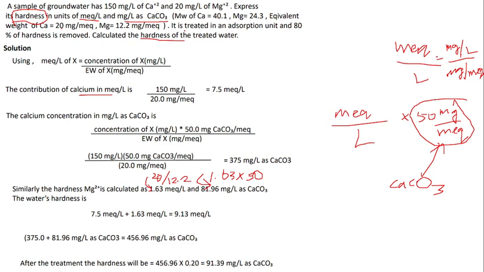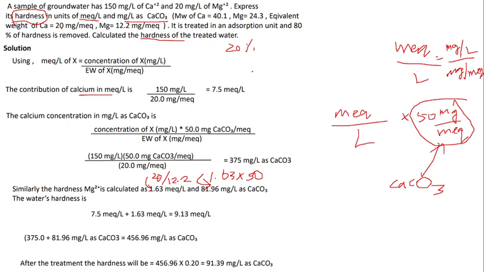Then the question is, it is treated in an adsorption unit and 80% of hardness is removed. They are asking you to find the hardness of the treated water. How much hardness is there in the treated water? If 80% is removed, only 20% will be remaining, right?